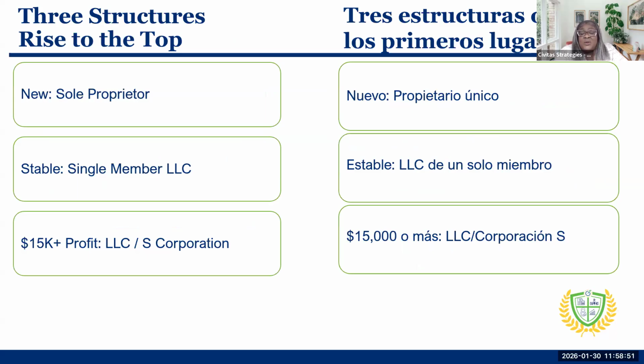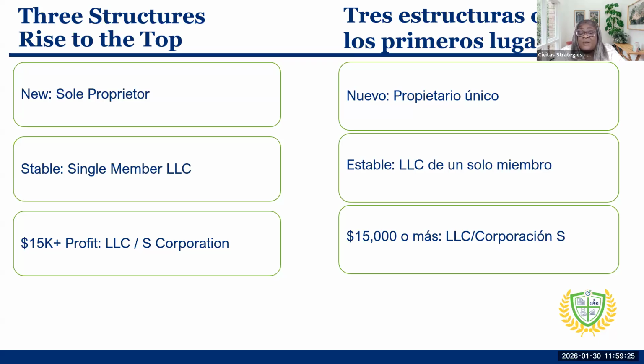All right. So in the field of early care and education, for most of our childcare providers, three business structures usually rise to the top that are the most considered. If you are a new business, starting as a sole proprietor is probably going to be the best and most common structure.